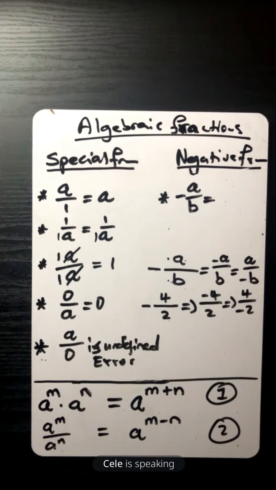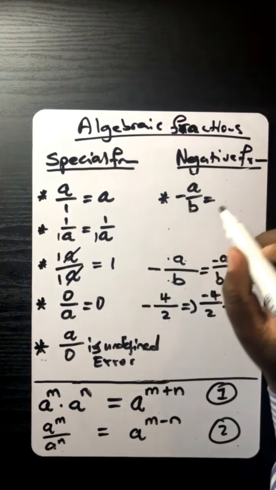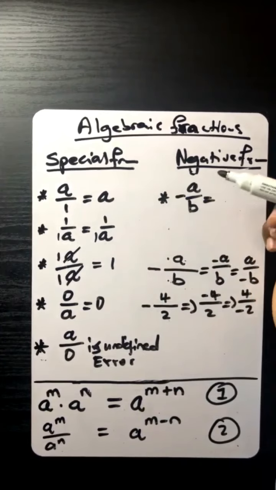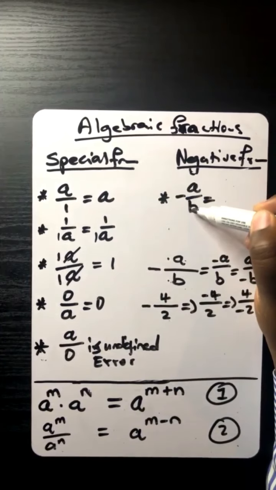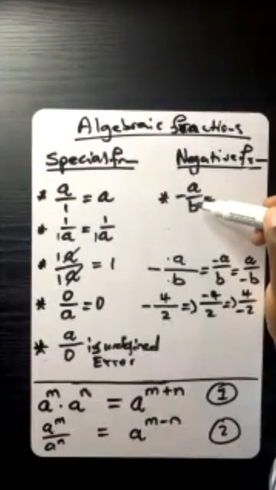We got this, sir. Same. So all three negative fractions equal negative 2. So that means negative A over B. Remember, guys, if you want to test these things, A represents a number, and B represents a different number from A. If it's A and A, then it means it's the same number.